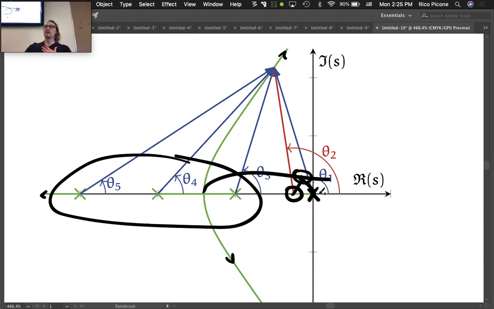Those are going to be significantly different, and the root locus will be significantly affected there. So if that is the case, that means that your 0 is not close enough to the pole. You've got to move it closer to the pole. The closer you get to the pole, the more and more theta 1 will look like theta 2. Okay? But there's a balance there, as we'll see in the example.